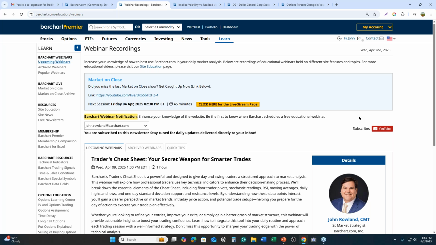In other words, there will be a time when you want to buy or sell a market, which means that it's going to occur on a day. You might only be a day trader for one day, but the trader's cheat sheet is going to help you to optimize your entries and your exits on your days of action.